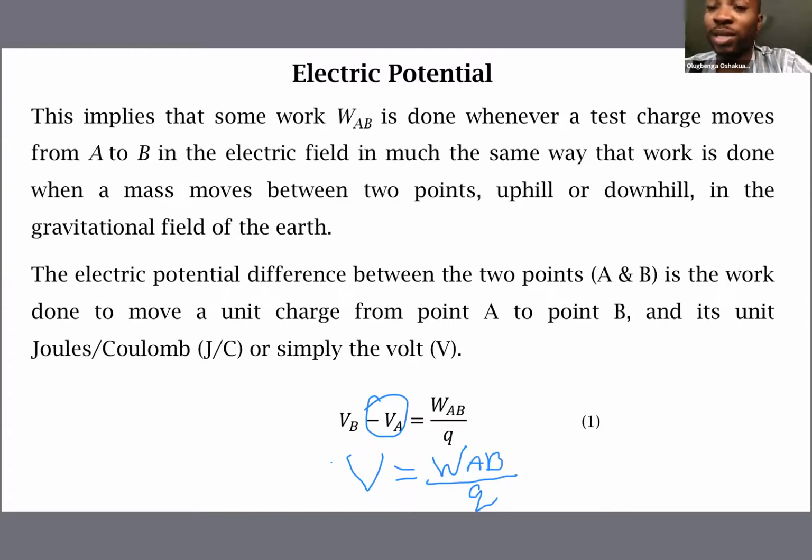So when Q is 1, we can now define our potential to be the work done in bringing a unit charge from infinity to that point. Let me say it again: the electric potential at that point will be the work done to bring a unit charge from infinity to that particular point. So let's continue.